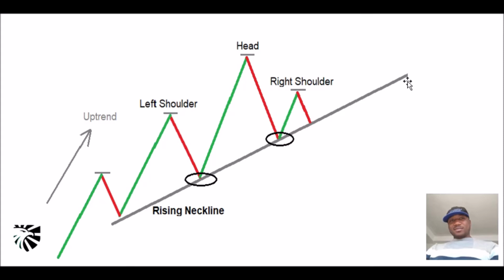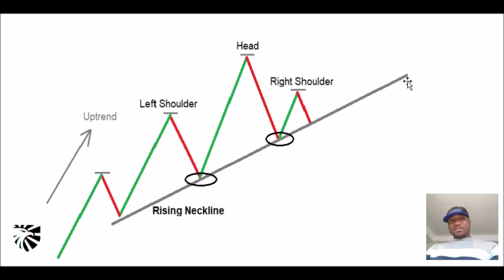This is the difference between professional traders and beginners, because it's not just about seeing head and shoulder and you just jump in because it has broken through the neckline and you just want to place your stop and target and trade it. No, you need to know what kind of head and shoulder is going to give you a high probability and what kind is going to give you a low probability.